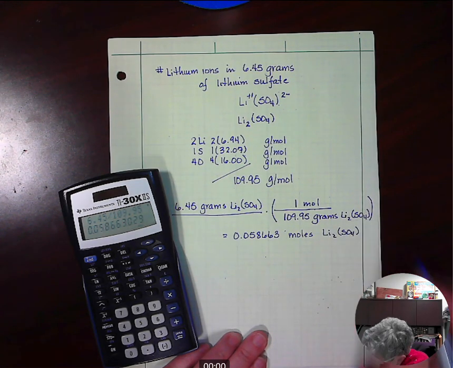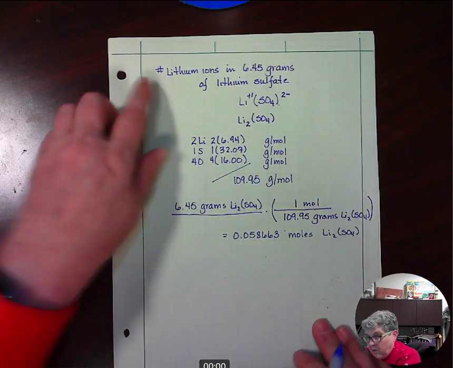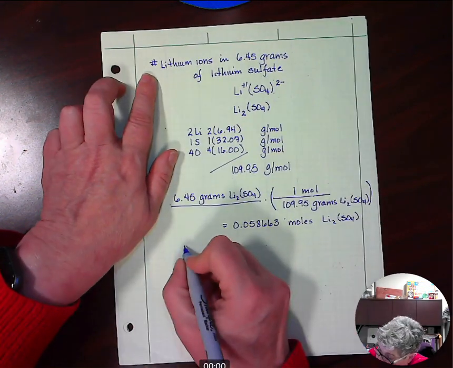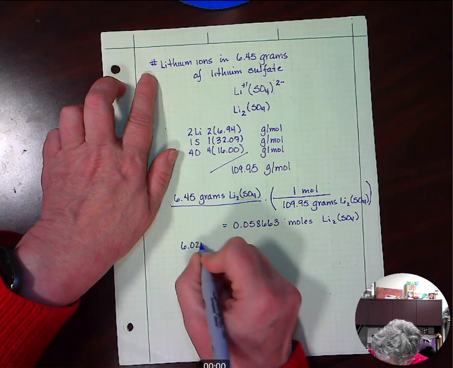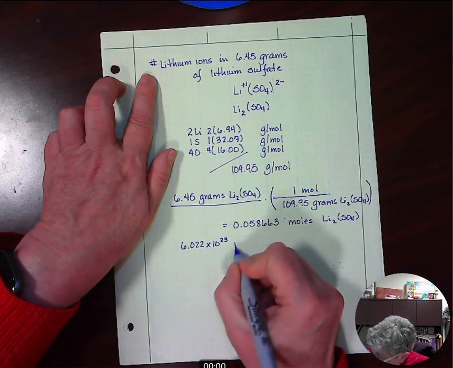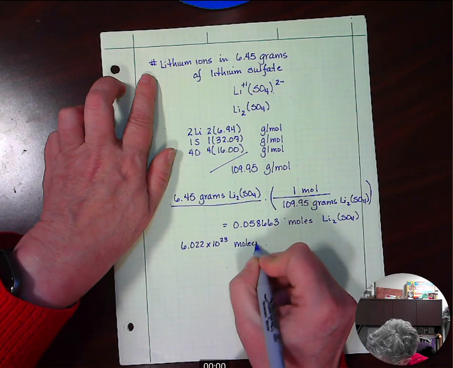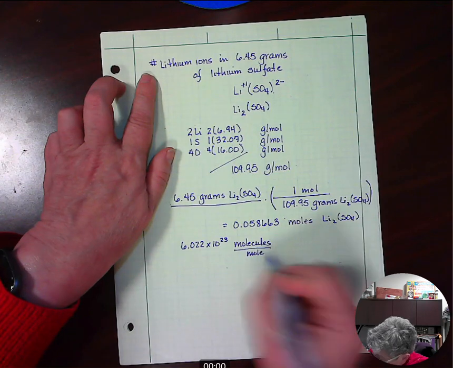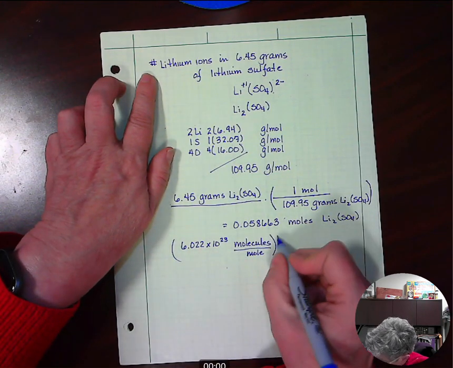Well, that's only the first part of the problem. I want the number of lithium ions. Well, remember, there are 6.022 times 10 to the 23rd molecules per mole. So I'm going to multiply times my moles.